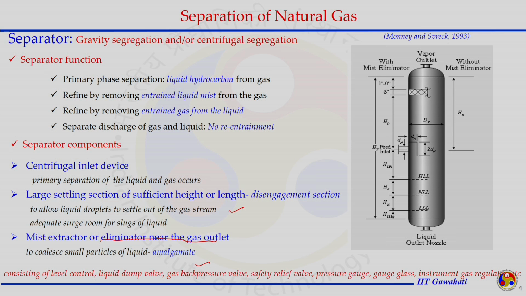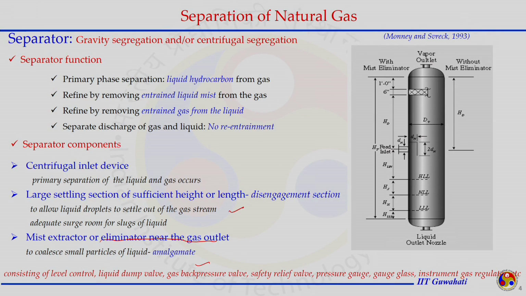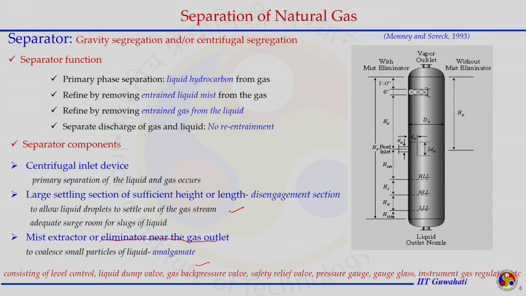Other than these three sections of the separator, inlet, disengagement section and mist eliminator, the separator is equipped with some other devices for monitoring the performance of the separator, like temperature, pressure, a back pressure valve to maintain the pressure, a safety relief valve for safety purposes, as well as other devices like gauge glasses and an instrument gas regulator.